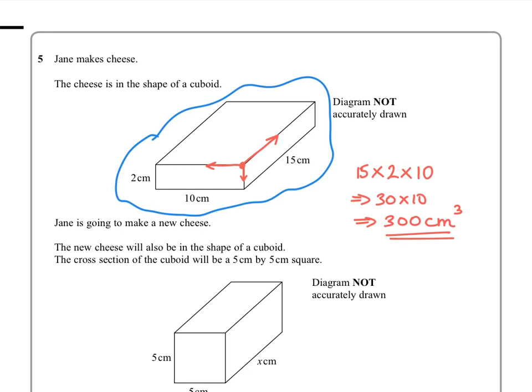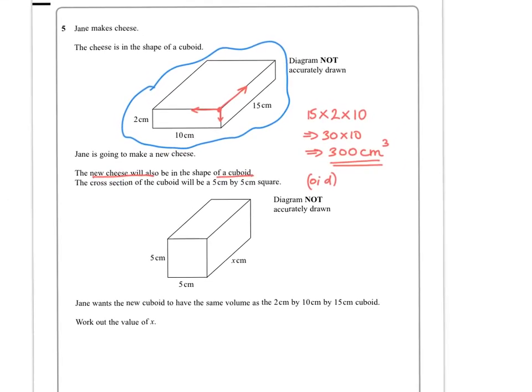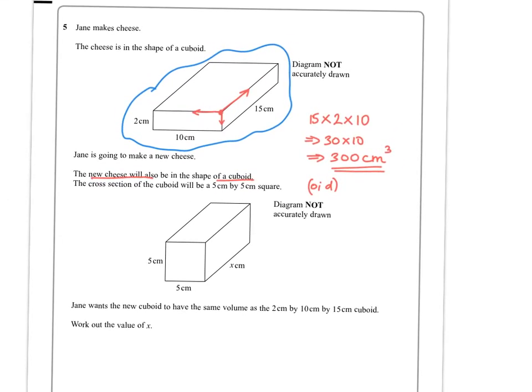And then the new cheese will be also in the shape of a cuboid. Cuboid is like a cube. And the cross section of the cube will be a 5 by 5 centimetre square. So if this is 5 by 5 and you look at your formula sheet at some point, you'll see the area of a cross section times the length would be the volume.